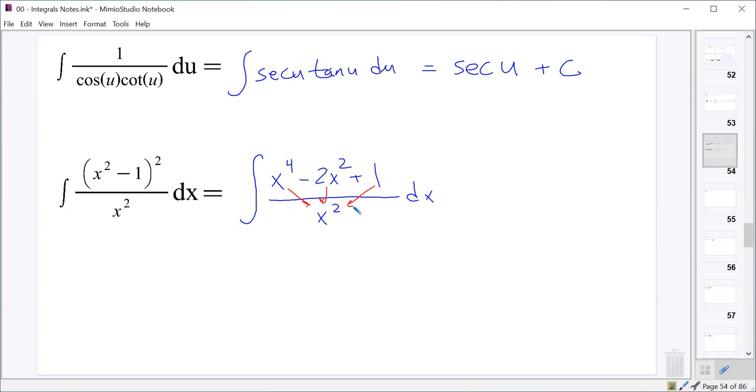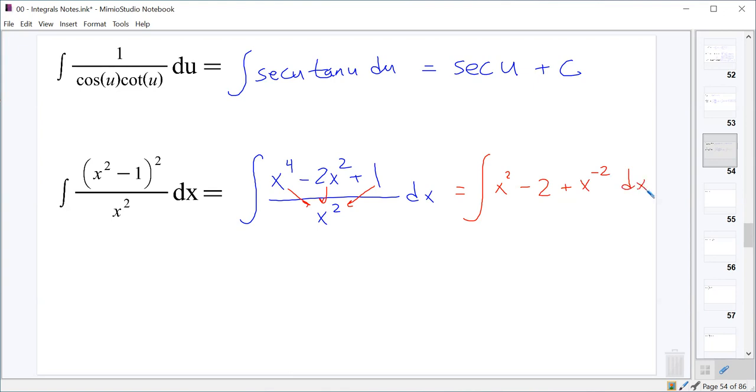Right? And then that's just going to turn this into a nice, simple power rule integral. So x to the 4th divided by x squared just comes out to be x squared. And negative 2x squared divided by x squared, the middle term there, just becomes minus 2. And then 1 divided by x squared is 1 over x squared, or x to the negative 2.